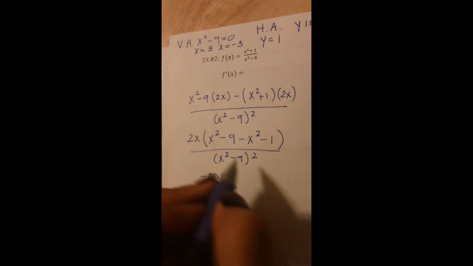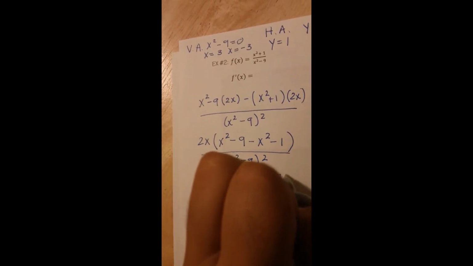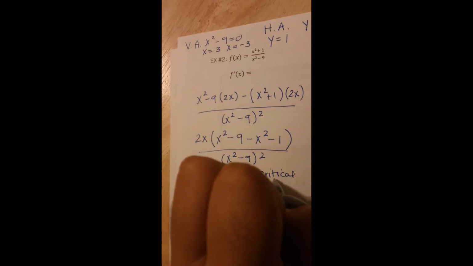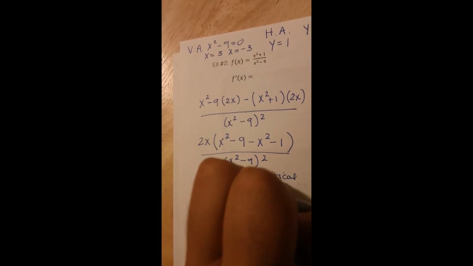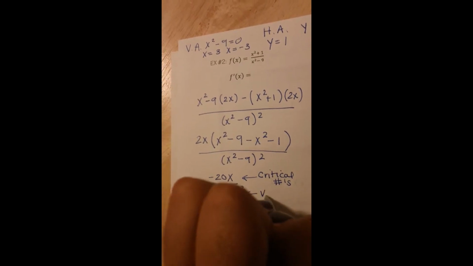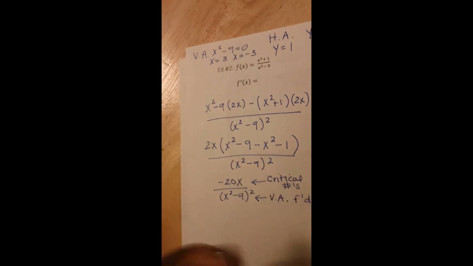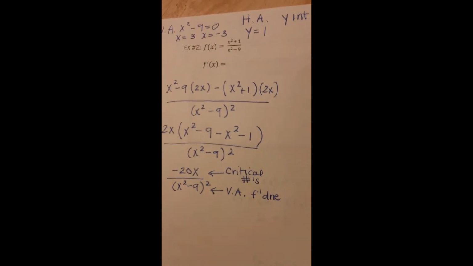So from here, we're going to take our critical point from the top, calling this critical number. From the bottom, we already know that our VAs are here, which means that our derivative will not exist in this bottom portion.